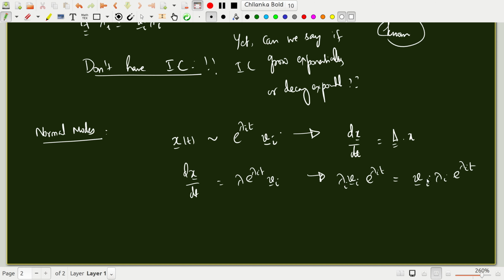Or we can do one step less. So Ax is e to the lambda i t times A vi. Let's just keep it like that. So this gets cancelled right through, okay, leaving us with A vi is lambda i vi.